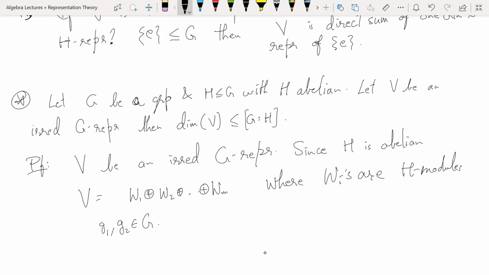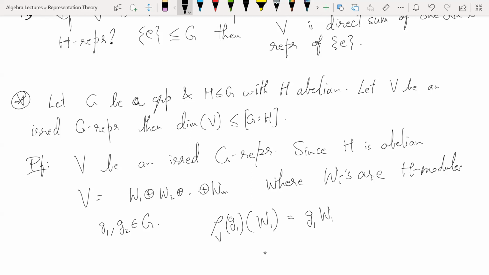Rho V of G1 applied to W1 is going to be another subspace, so I'll write it as G1 W1.